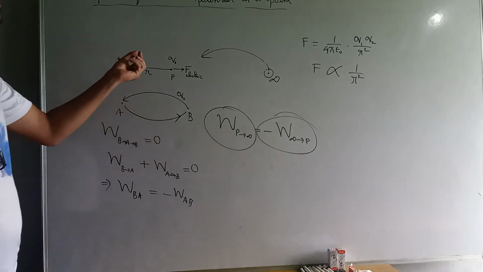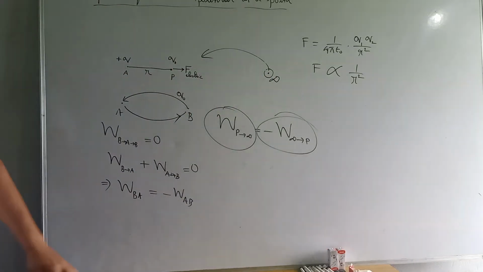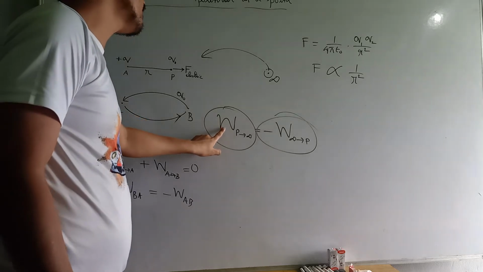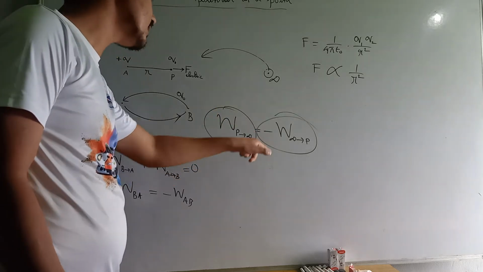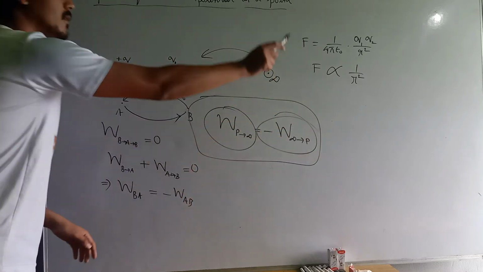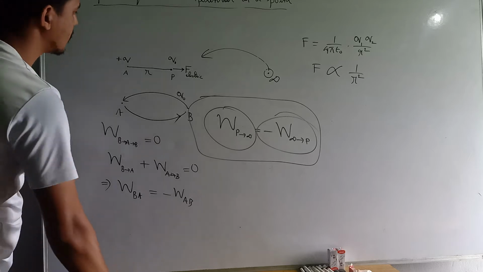So the work done in taking the test charge from P to infinity will be negative of the work done in taking from infinity to P. So if I find this work done in taking from P to infinity, then I can obtain the work done from infinity to P using this work done by a conservative force. Are you getting that? Yes.